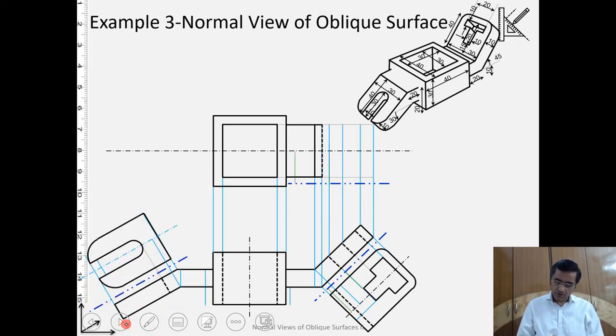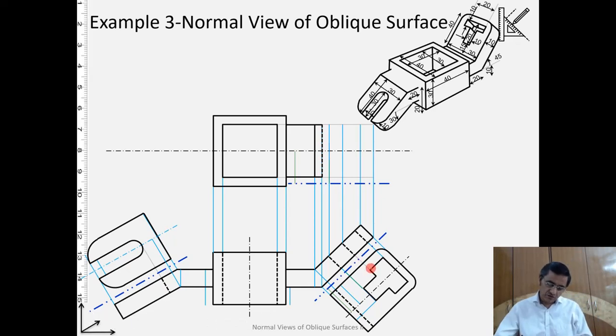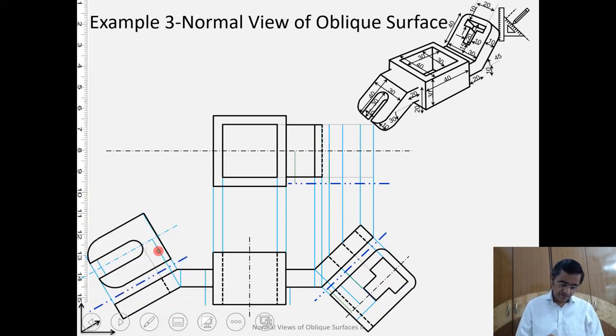And not only for one point, it is done also for this point. This point is projected on the top face here, the projector goes to the horizontal, and now I will take this distance as well as the distance here. Using these I will be able to locate these 4 points on the horizontal projection, and similarly the other points also.